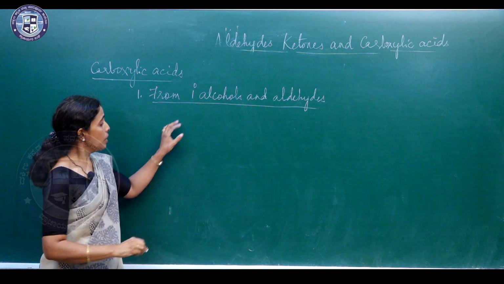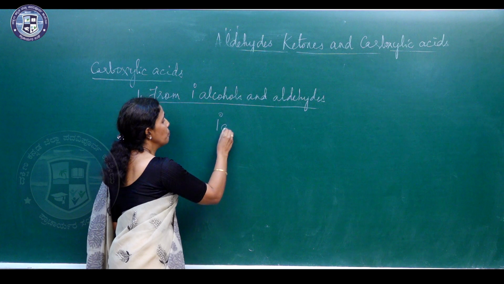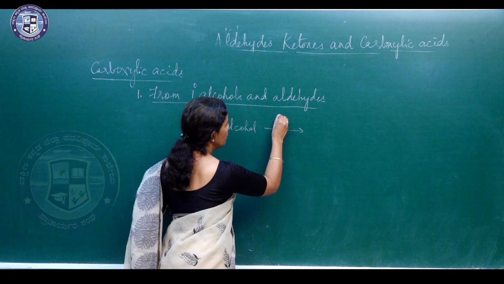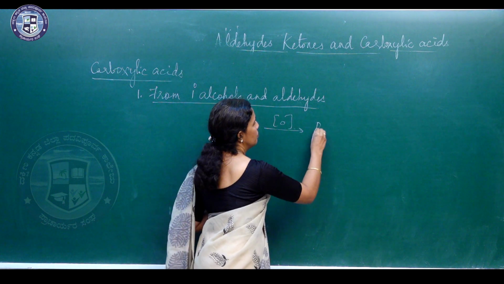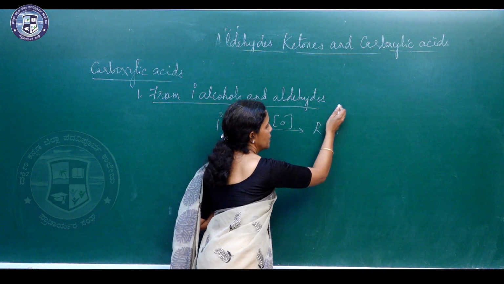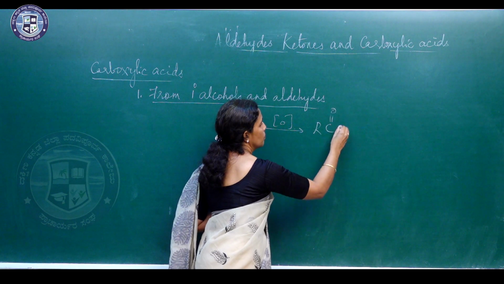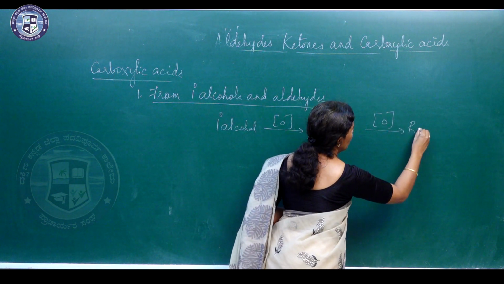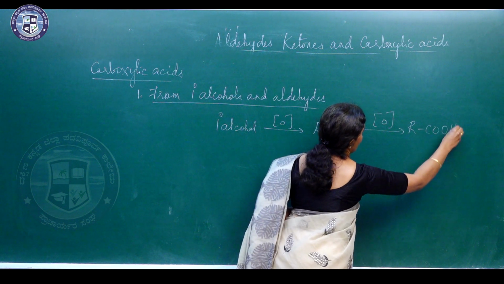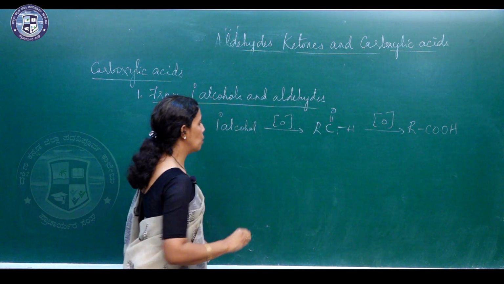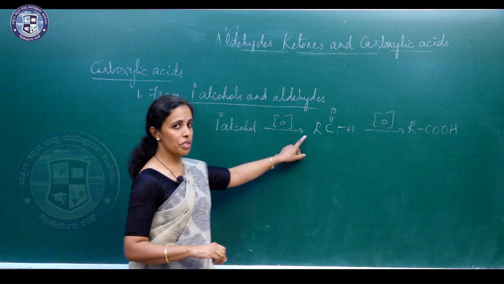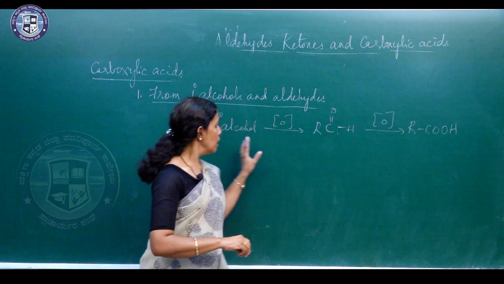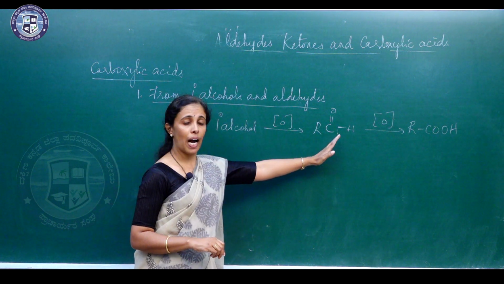Here the primary alcohols, when subjected to oxidation, give you aldehydes, and this on oxidation will give you carboxylic acids. So, primary alcohols on oxidation give aldehyde, and aldehyde gives carboxylic acid, but the reaction might stop at the aldehydic stage.